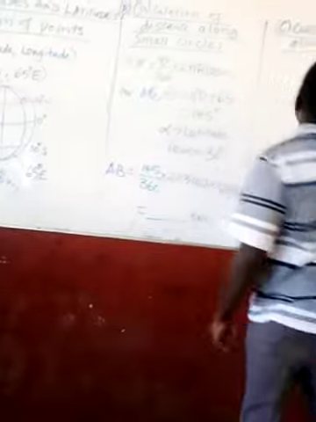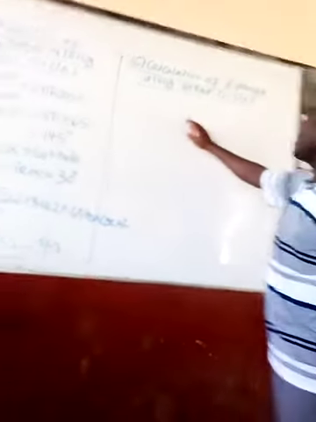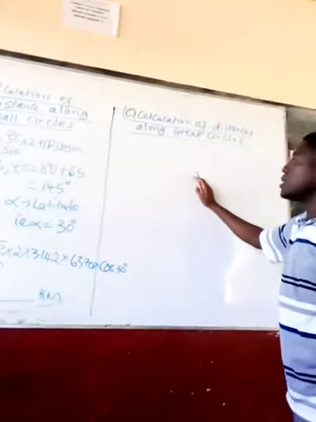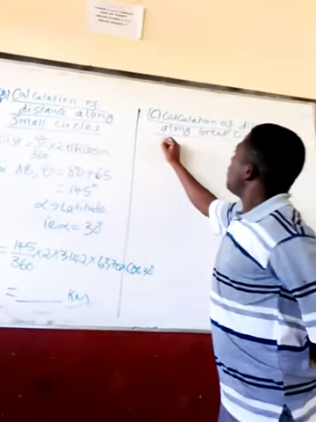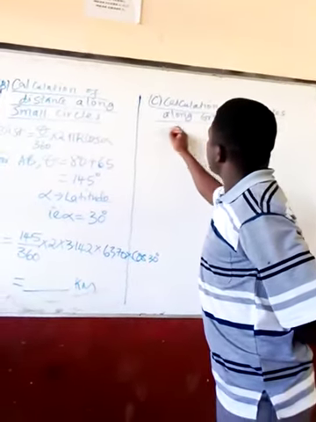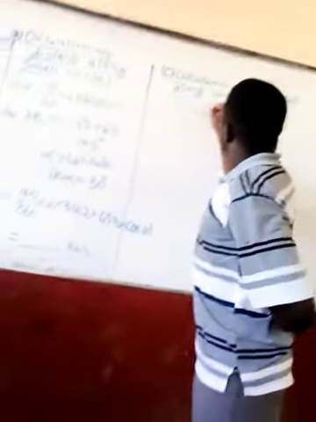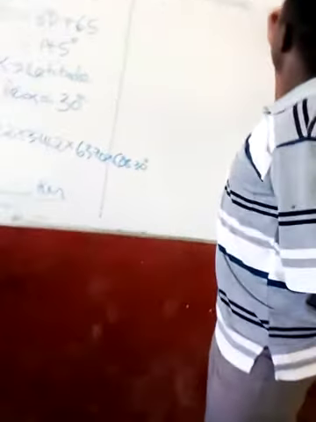Finally, let's have a look at calculation of distances along a great circle or along great circles. All longitudes are great circles.